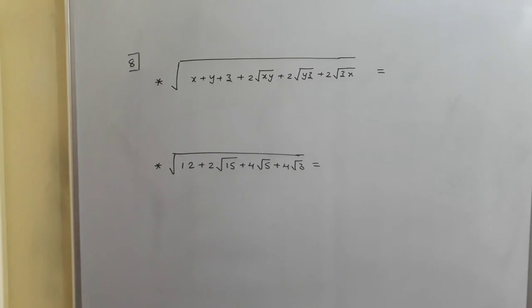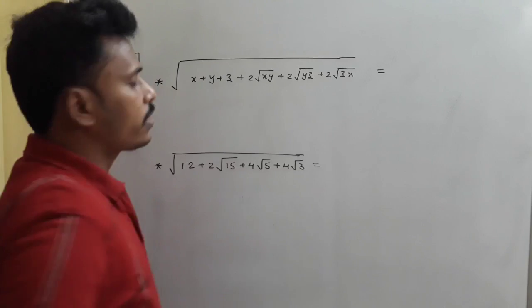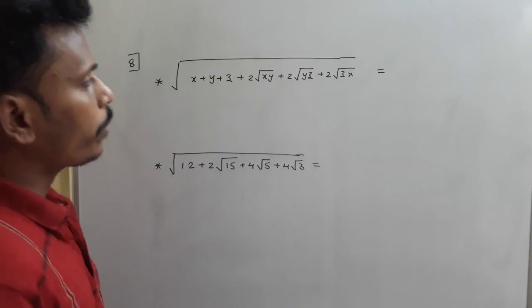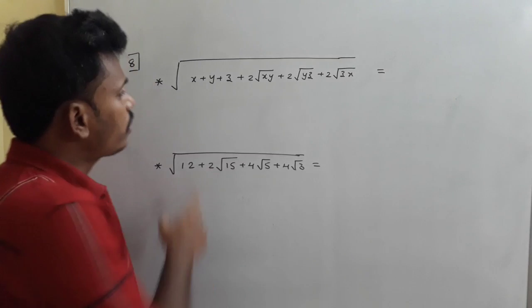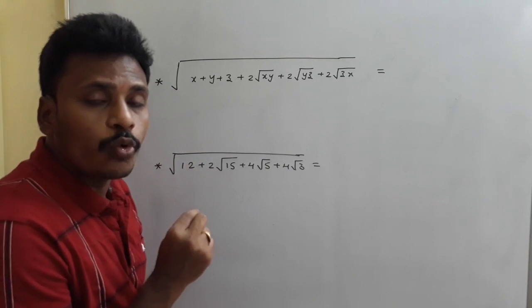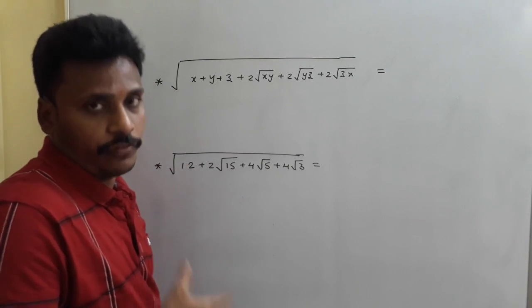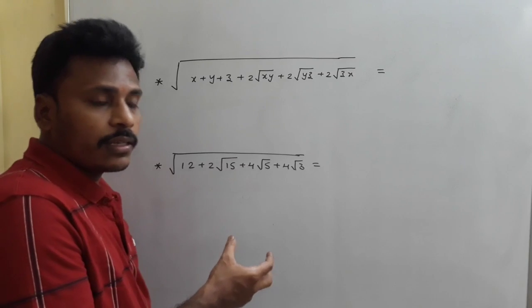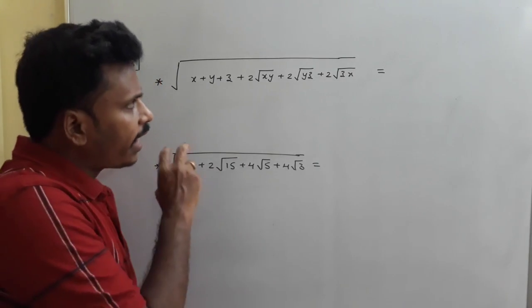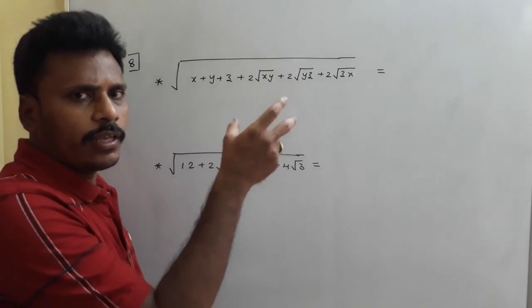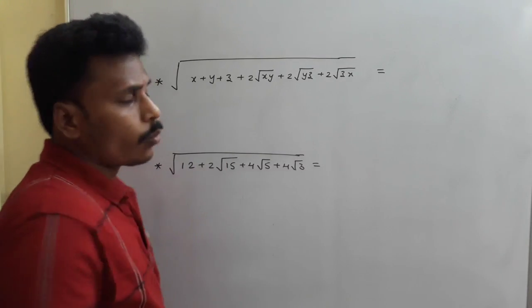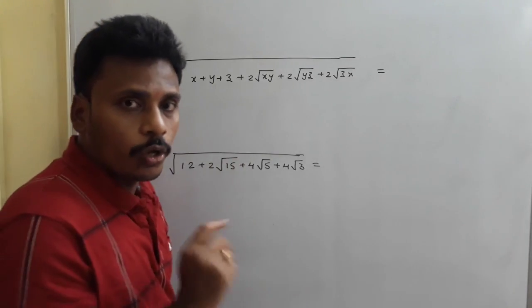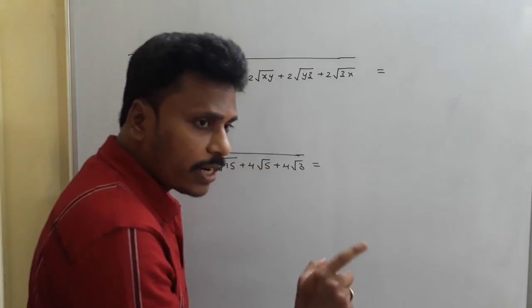Next one, 8. Square root of x plus y plus z plus 2 root xy plus 2 root yz plus 2 root zx. What is its value? See, this x is simply root x whole square. You need to view it in such a way. Since we are discussing the formulas or the direct ways, I am not giving you any descriptive proof. x is root x whole square, y is root y whole square, z is root z whole square.